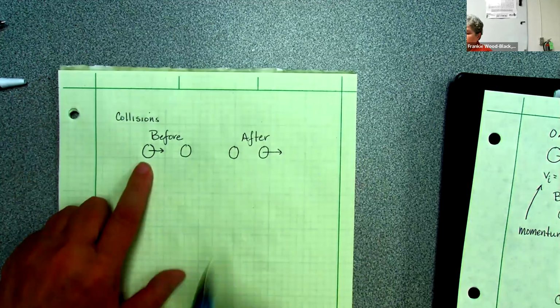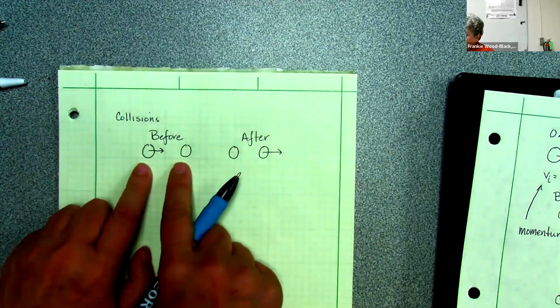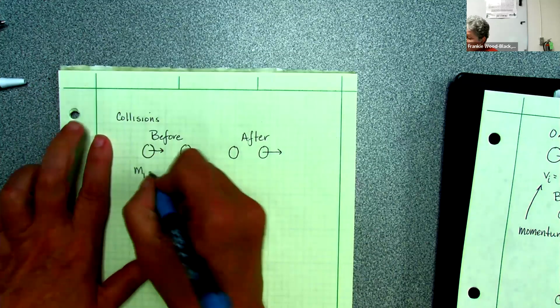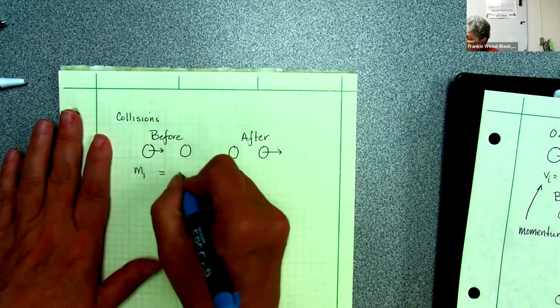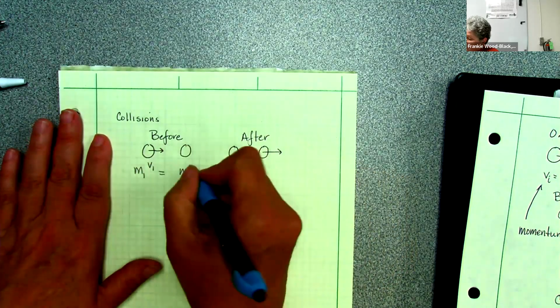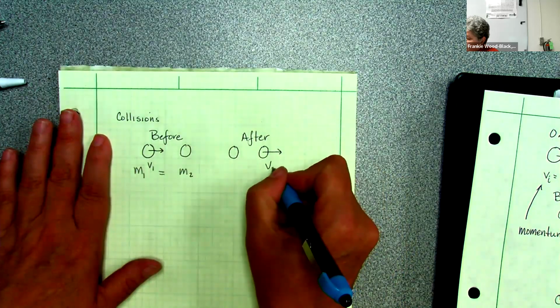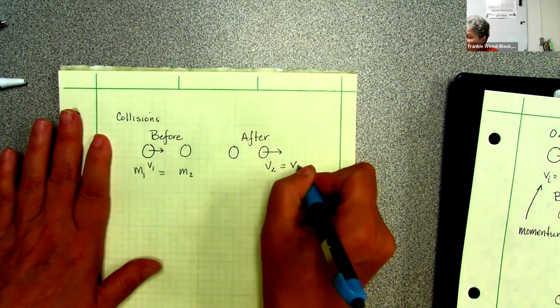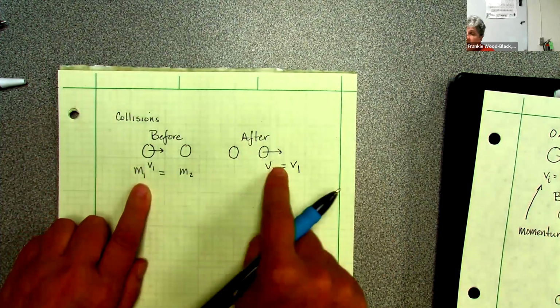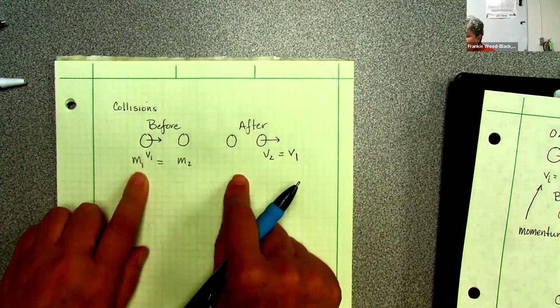Now, if we play with this, if mass 1 is equal to mass 2, velocity 2 will equal velocity 1 if the masses are equal. Now, we've done this before, right?